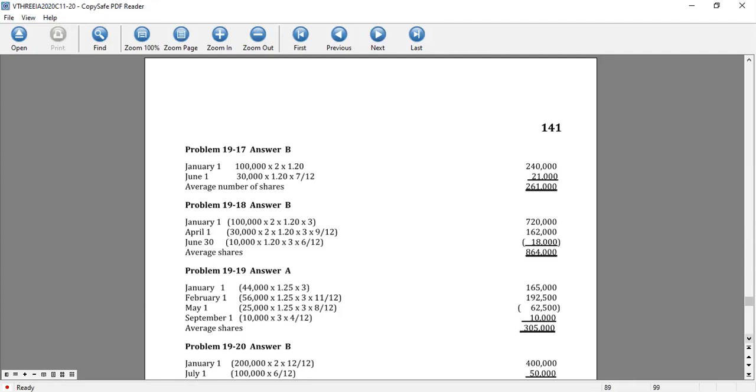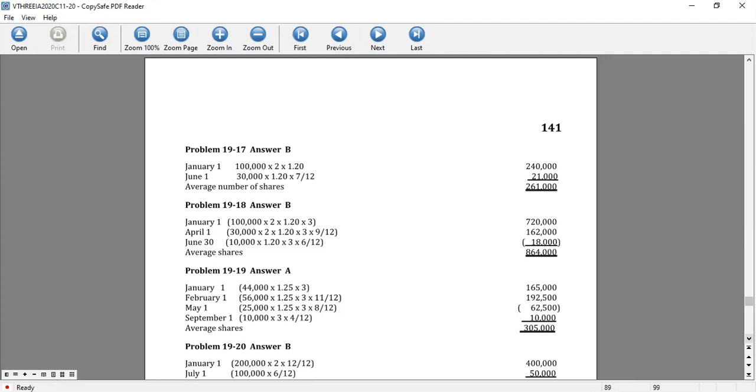That's 3 months. So 720,000. Then on April 1, we have the additional issuance of 30,000 previously unissued shares. So 30,000, we multiply by 2 because the split occurred after, and the bonus 1.20, and we have the period from April 1 to December 31.